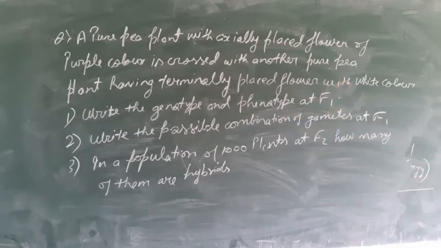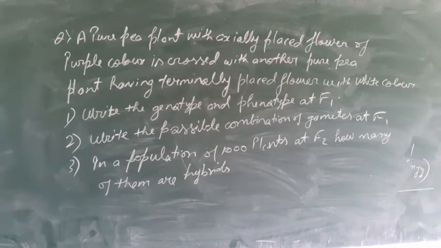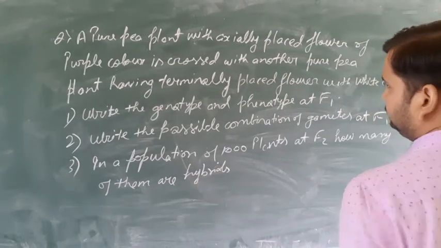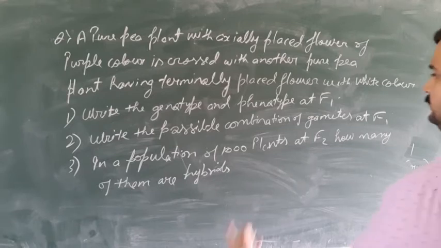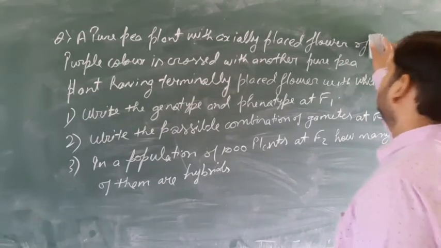Then you have to write the genotype and phenotype at F1, the possible combination of gametes at F1, and then in a population of 1000 plants tell how many of them are hybrids.